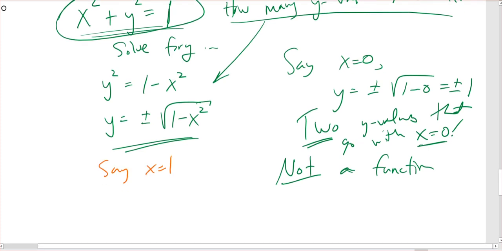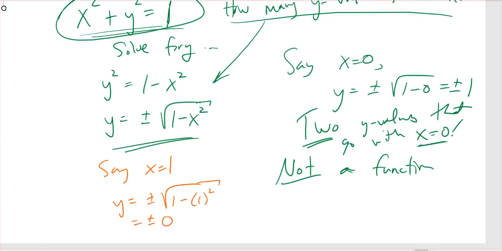If I put 1 in there, y equals plus or minus the square root of 1 minus 1 squared, which is plus or minus 0, but that's just 0. So this x value did only give us 1 y value, but there exist x values such that that's not the case. There are x values that are going to give us 2.